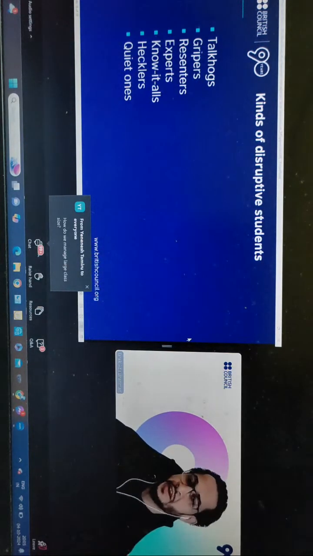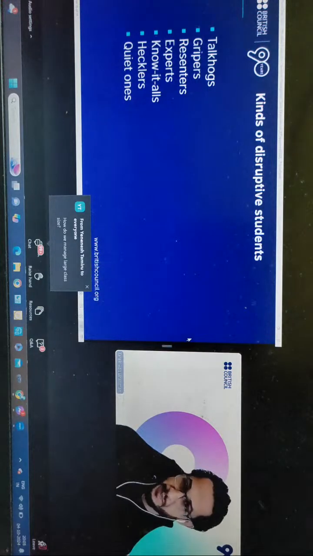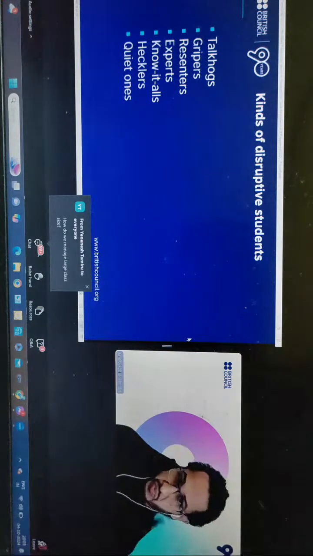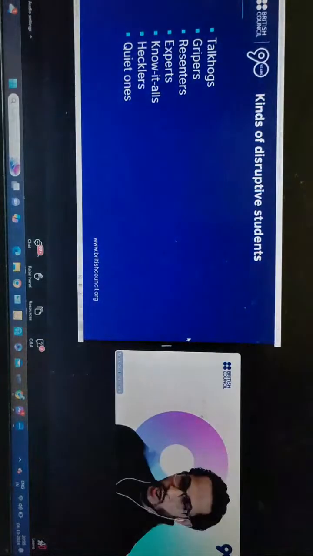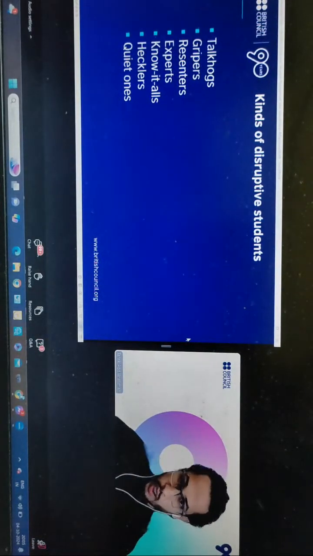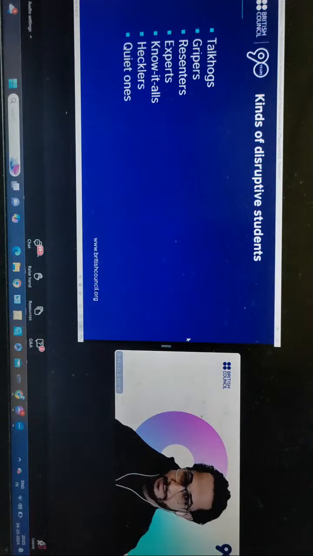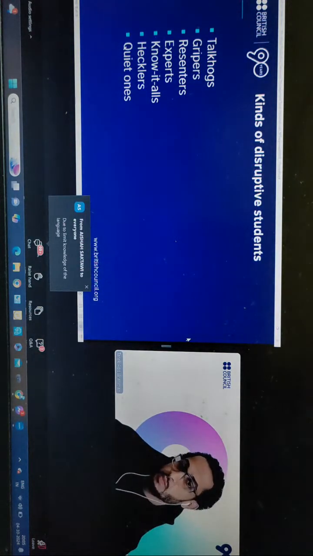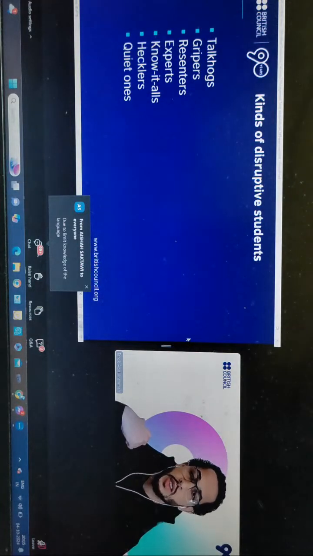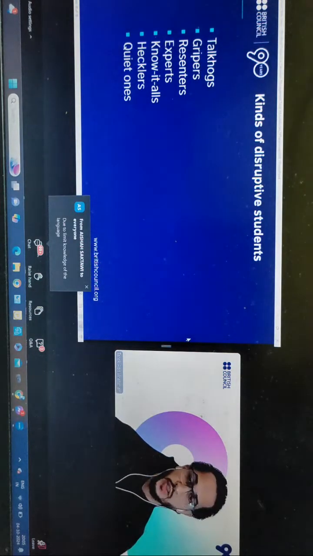They will have fun in the classroom. The third kind is resenters. What do you think resenters are like? The class size plays a role, yes, but the techniques that we mentioned earlier can help you manage.